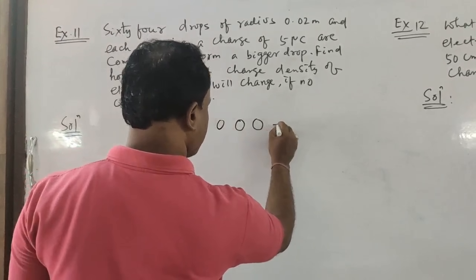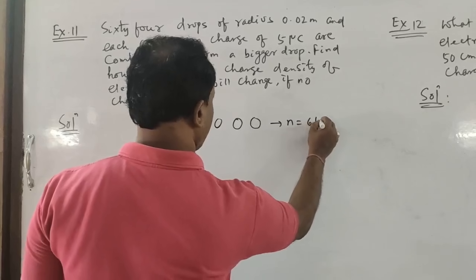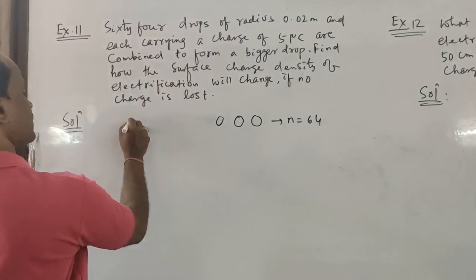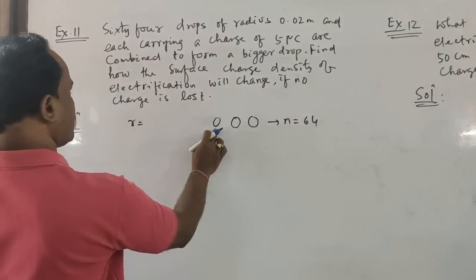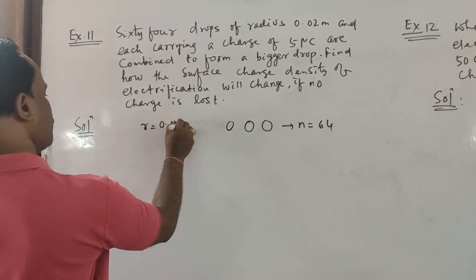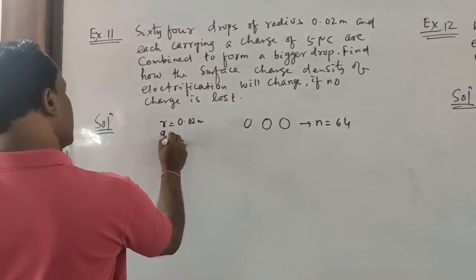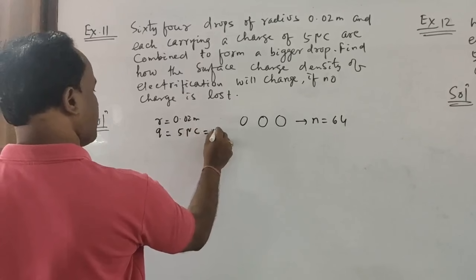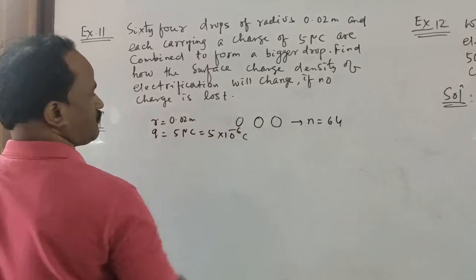How many drops? 64 are given. The radius of a small drop is 0.02 meter, and each charge is 5 microcoulomb, that is 5 into 10 to the power minus 6 coulomb.